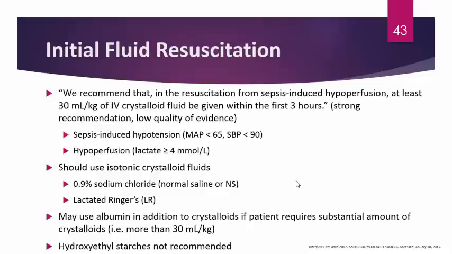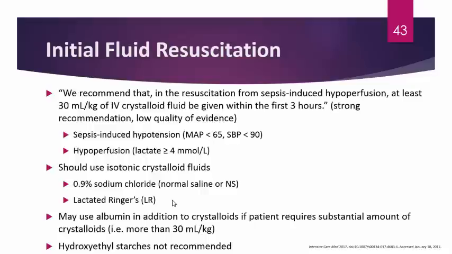Now, in this case, when giving crystalloids, you should use isotonic crystalloid fluids, such as normal saline or lactated ringers. The reason is that other fluids, such as dextrose 5% in water, for example, while it is a crystalloid fluid, it is not an isotonic fluid.